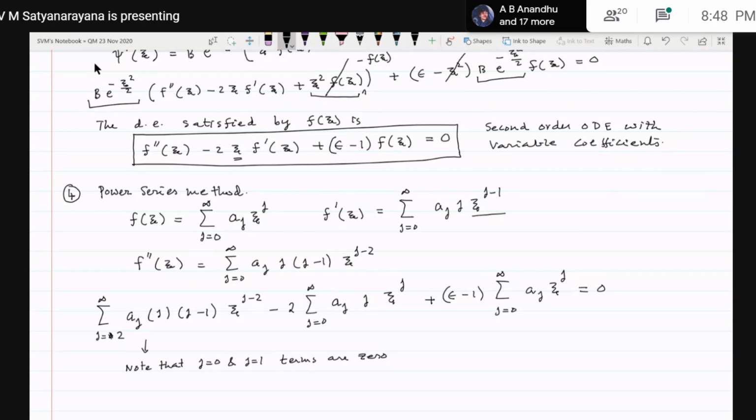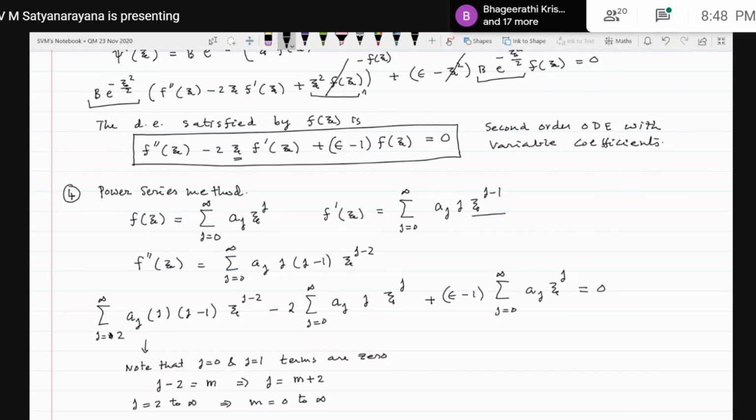Suppose now I write j minus 2 as some m. This implies j is equal to m plus 2. Now, if j is starting from 2 to infinity, it implies m is equal to 0 to infinity.